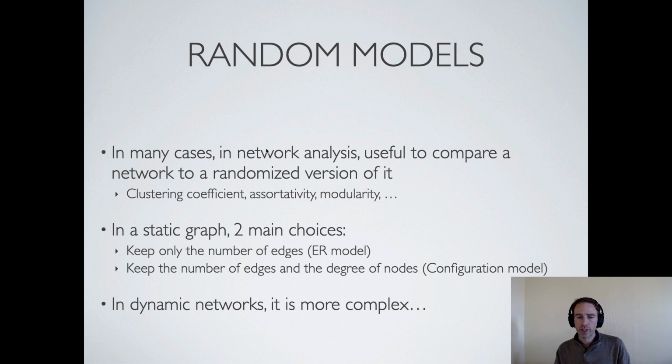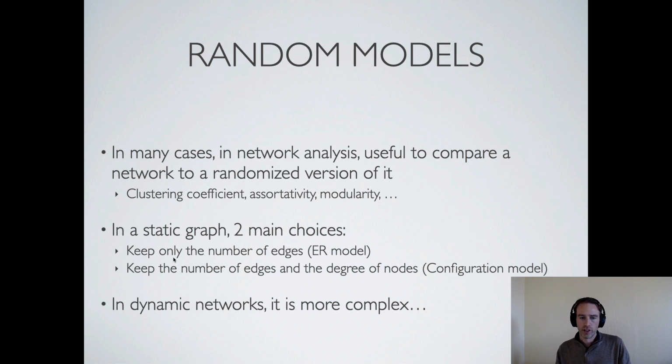I already introduced why random networks were important, in particular when we want to compare a network to a randomized version of it. When we compute a clustering coefficient, assortativity, modularity on a network, we need to compare to a random network to see if the values are large or small, or expected by chance.